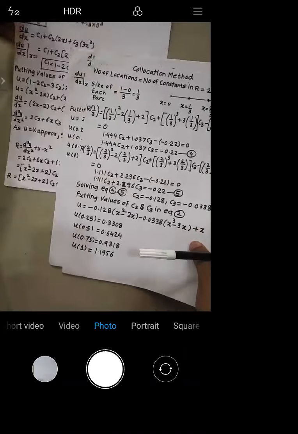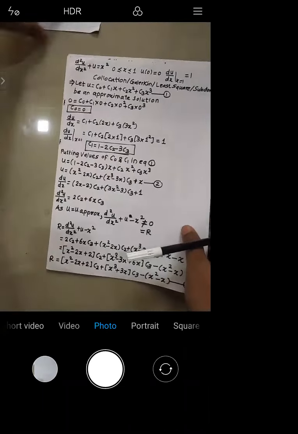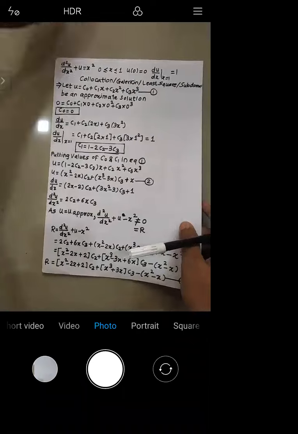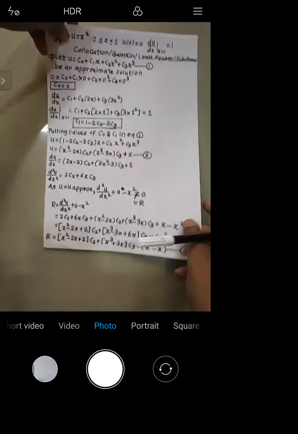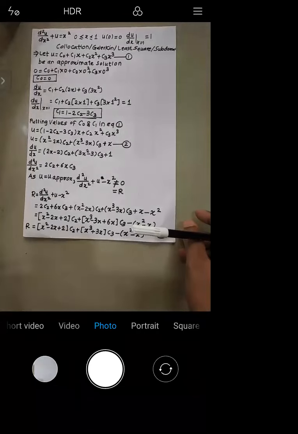So many of you might have this doubt: sir, if we have the exact answer, then why are we calculating the approximate answer? So see, there are certain problems where standard methods fail to calculate the answer.